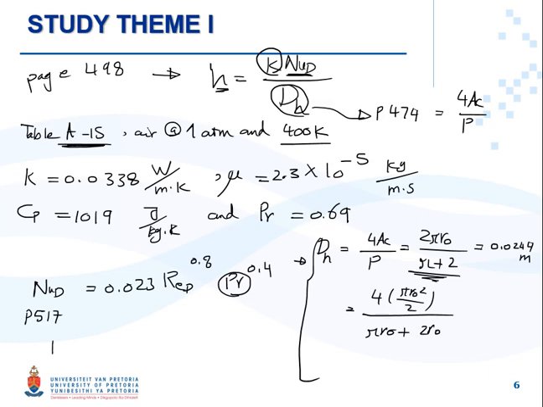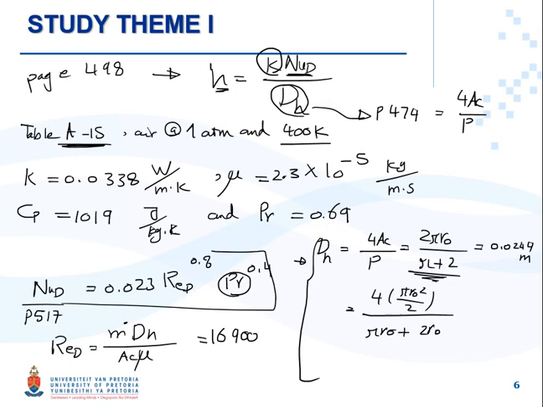About the Reynolds D, we know that it is m dot DH divided by AC mu. We have all those numbers: we have m dot, we have DH, we have AC, and we have mu from the table. So the Reynolds is equal to 16,900. Now we found a correlation on page 517 of the textbook, but is it the right correlation? We need to check it based on the Reynolds number that we have calculated.